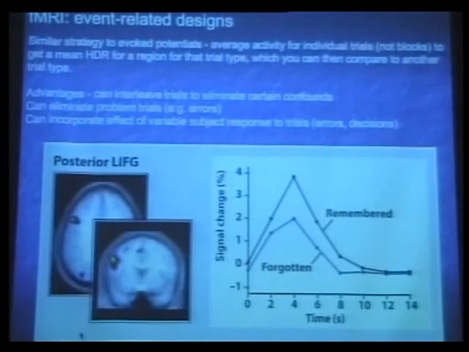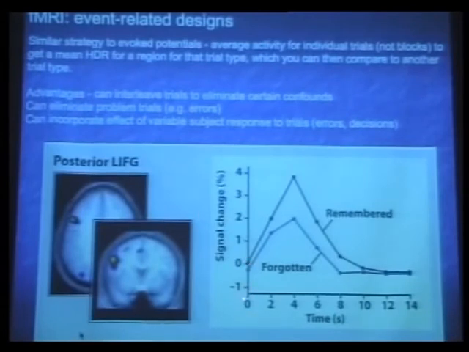An event-related design, for those of you who do evoked potentials, is a very similar strategy. What you're going to do is look at what's going on in a single trial, but you're going to average this over many trials, and you can, again, do the same thing. You're going to compare trials of one type versus trials of another type. And what you're going to look at instead is the hemodynamic response.